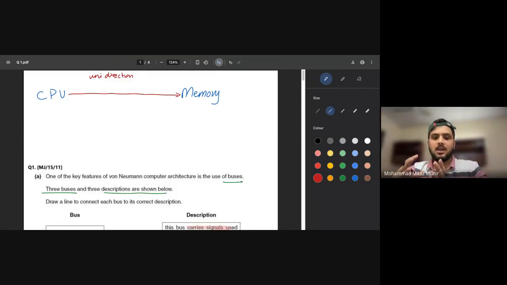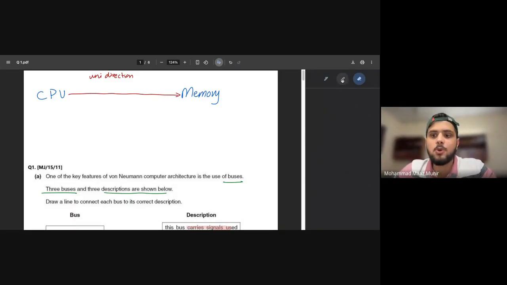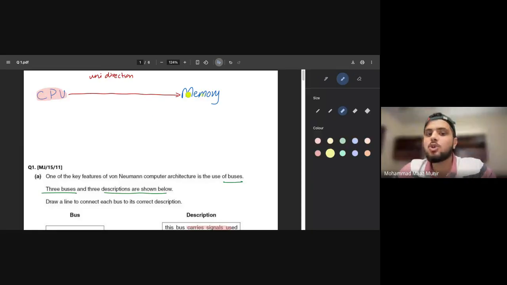The memory has no reason to put an address onto the bus if it has to tell the CPU something. It means that if I want to play a game, until my CPU says that I want to access the address, your memory does not have the permission to send an address to the CPU.